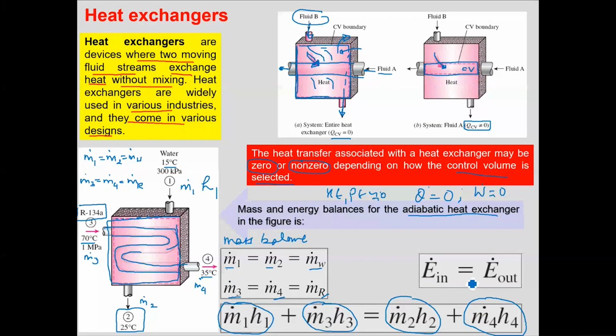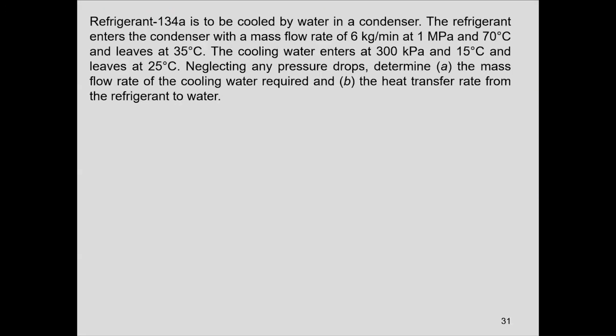So we have an example which says that a refrigerant R134A is to be cooled by water in a condenser. When you have R134A, you would go to the R134A tables. When you have water, you will go to steam tables.